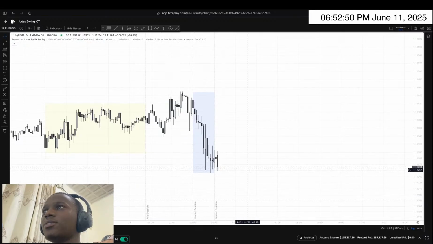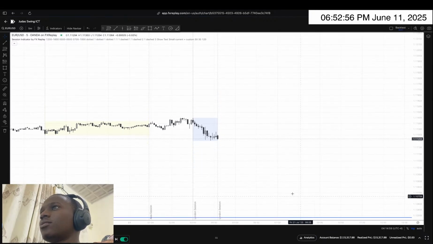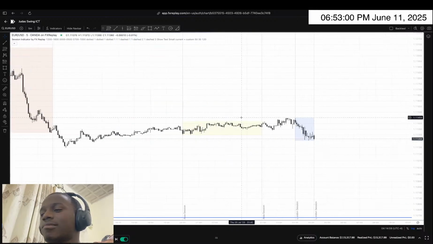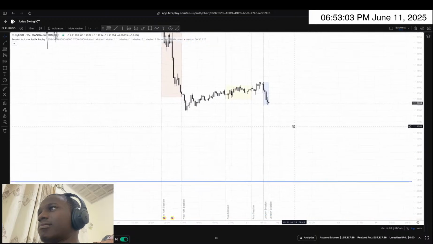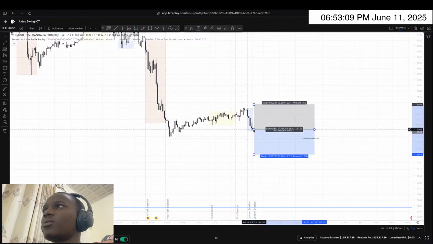And the 5 minute isn't looking quite clean, but if we can target the previous daily low. Wait, where is it? Yeah, this one right here. But that means you take like a one-to-one entry, something like this.